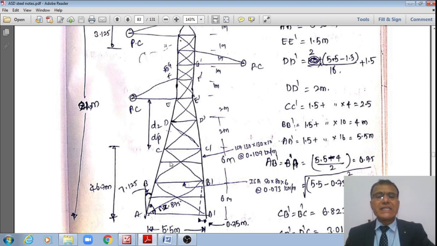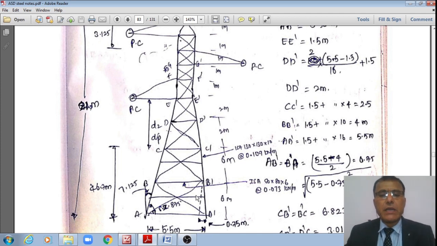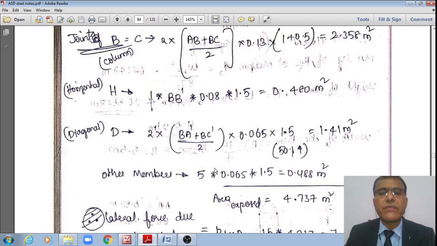Now you can calculate these secondary member lengths, students, because by this time you already fixed the geometry. You can calculate that length either from this mathematics, or even you can draw this in AutoCAD and measure the length, and accordingly put that length for the calculation, right?